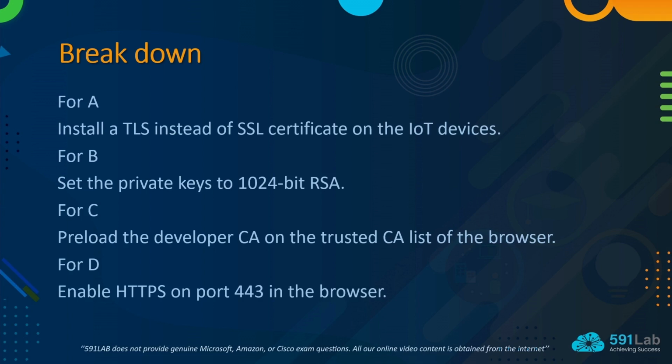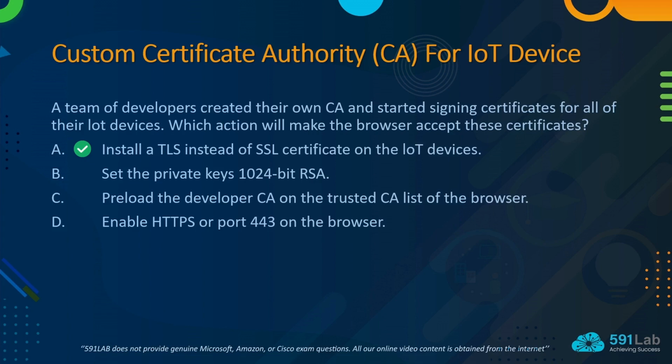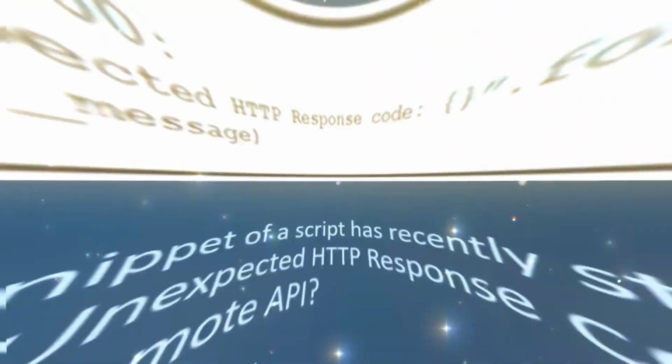So for this question, option C is wrong. For option D, enabling HTTPS or using port 443 is a common practice for secure communication, but it doesn't directly ensure the acceptance of certificates signed by a custom CA. So the correct answer is A.